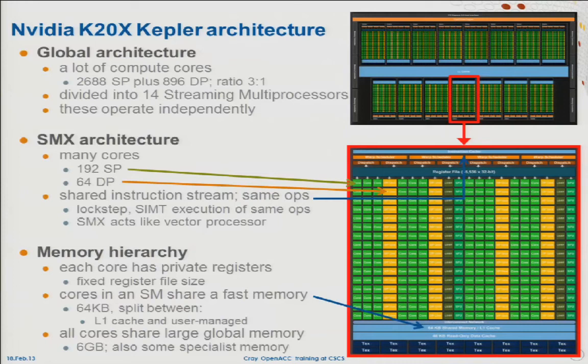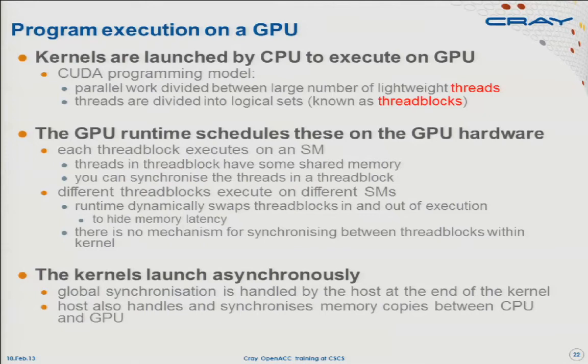All of the cores in all of these blocks have access to the global memory. This is about 6 gigabytes, so it's quite big. Not as big as 32 gigabytes for the CPU, but it's relatively slow to access that.